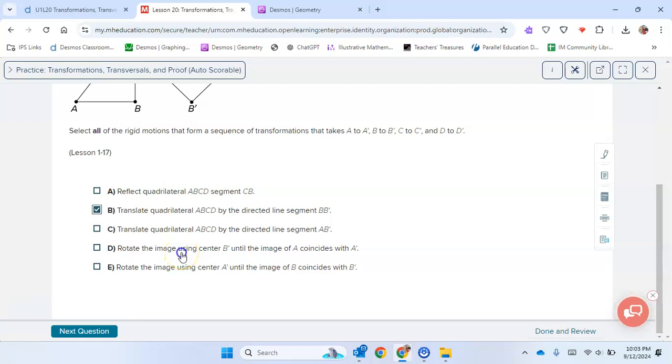Rotate the image using center B prime until the image of A coincides with A prime.